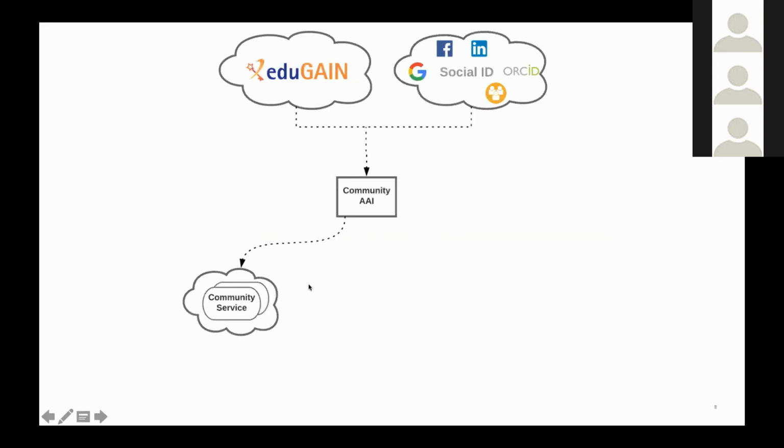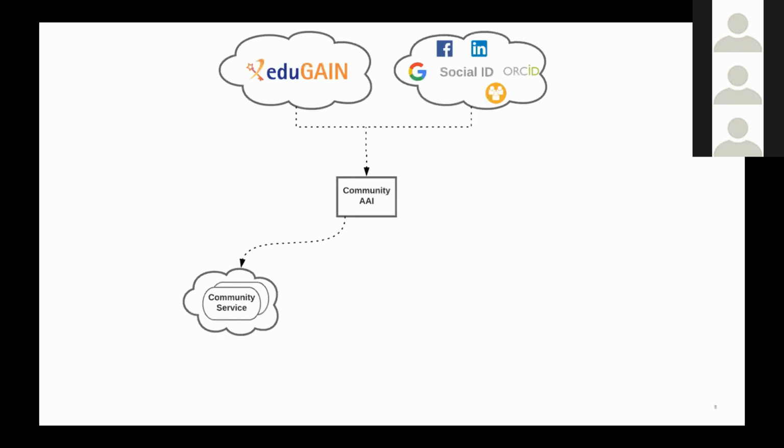Furthermore, the community AAI enables the addition of attributes to the federated identity that in turn can enable service providers to control access to the resources, which can range from typical web services to data repositories, scientific instruments, and so on.